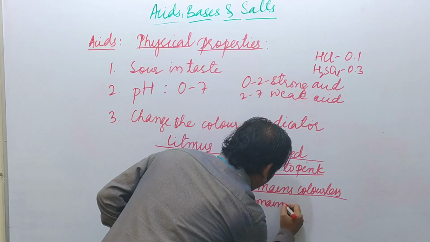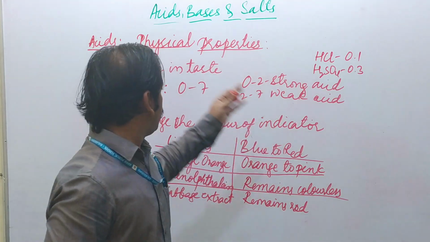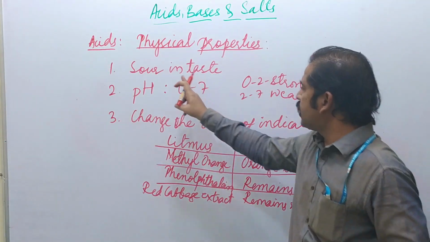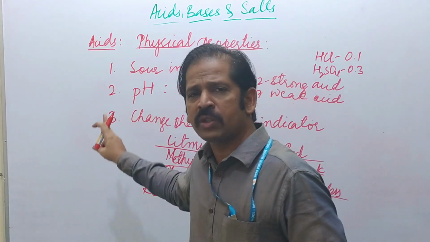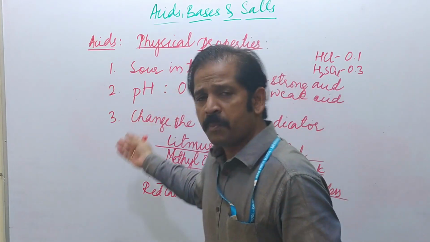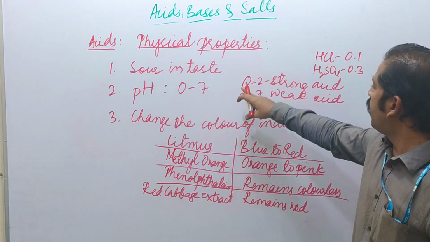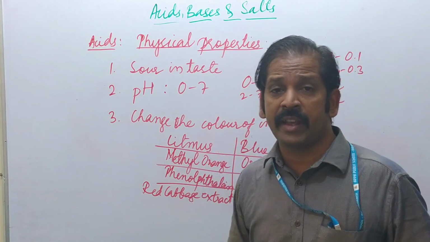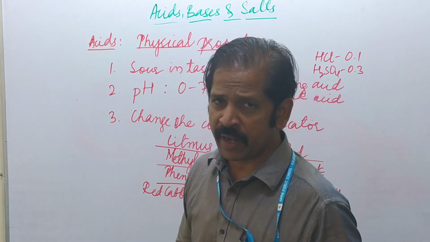Yes, this is point number 1: all the acids are sour in taste. Second, the pH value. The pH value of acids is 0 to 7, where pH means power of hydrogen ion concentration. 0 to 2 is strong acid, and 2 to 7 is weak acid. The strongest acid is hydrochloric acid.